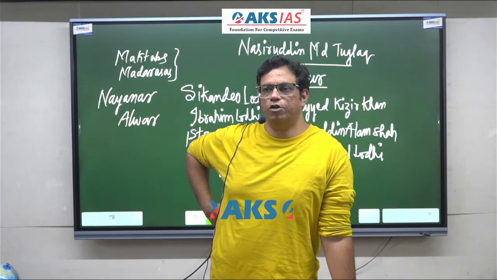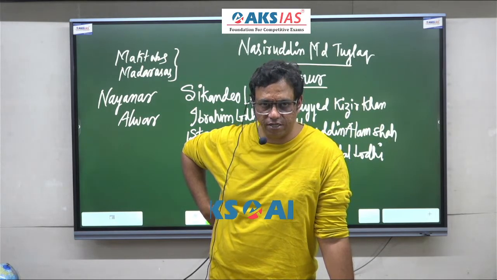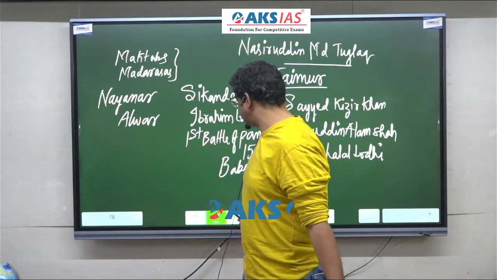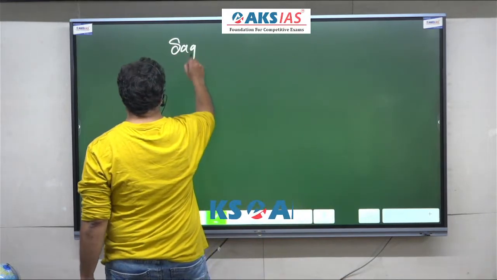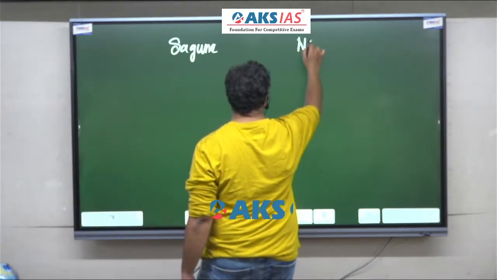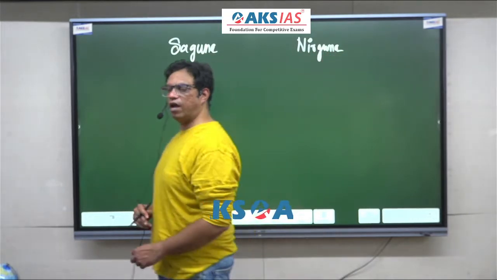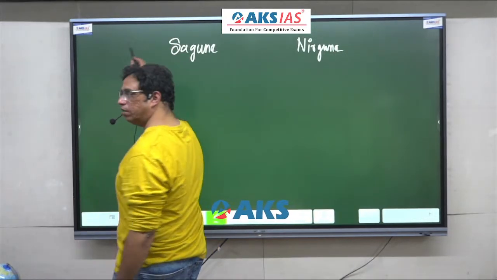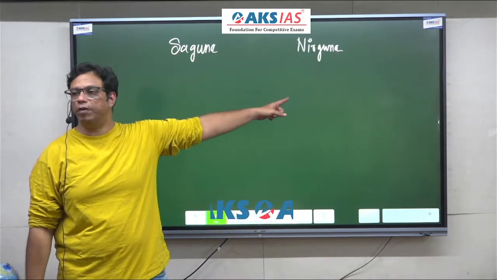Okay. See, there are two types of Bhakti saints: Saguna Bhakti saints and Nirguna Bhakti saints. It is very simple to understand. Take this in the form of a table. See, the Saguna Bhakti saints are conservative, whereas the Nirguna Bhakti saints were liberal.